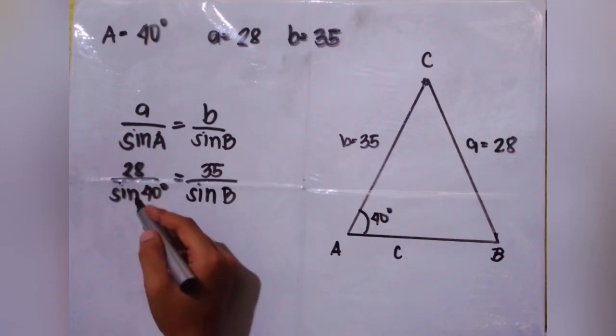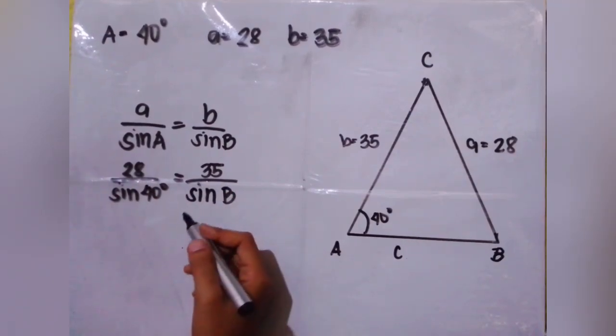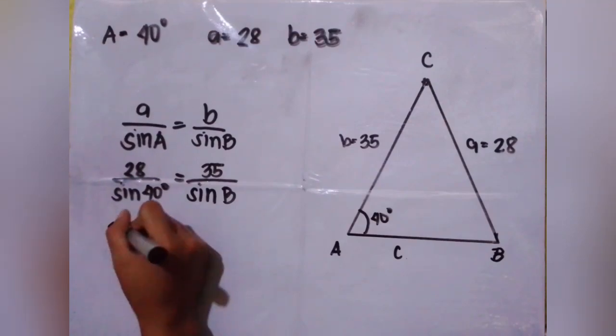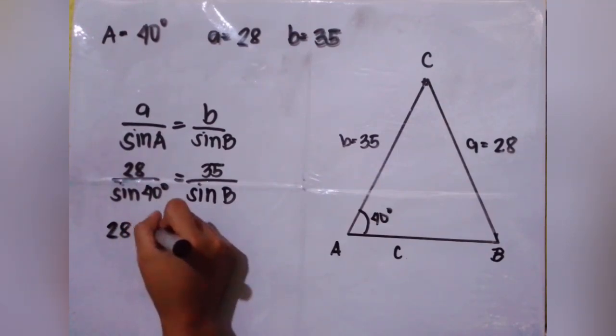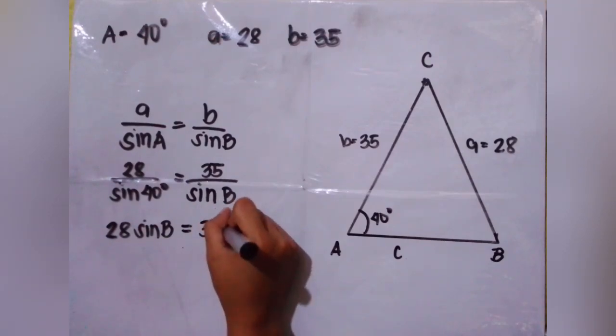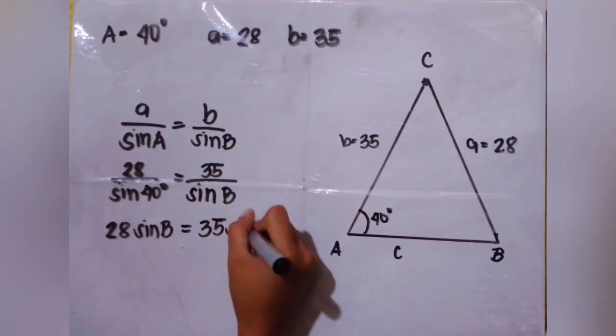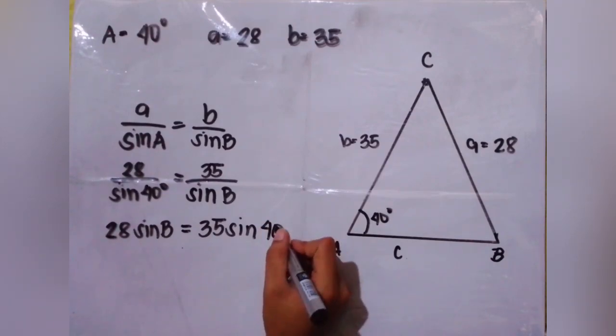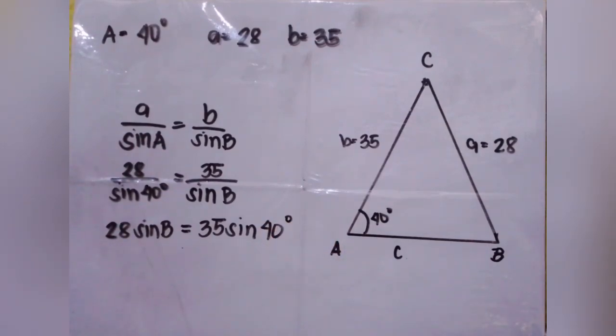Then, cross multiply. 28 sine B is equal to 35 times sine 40 degrees.